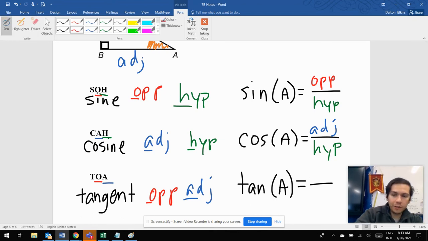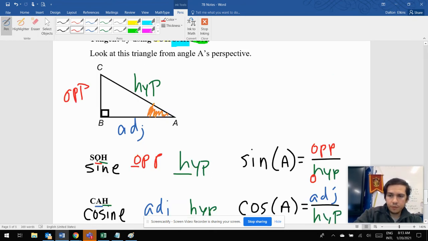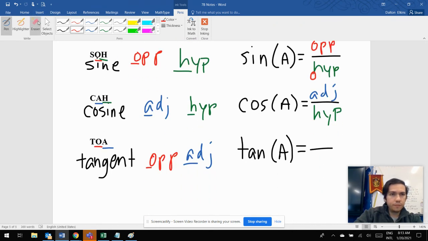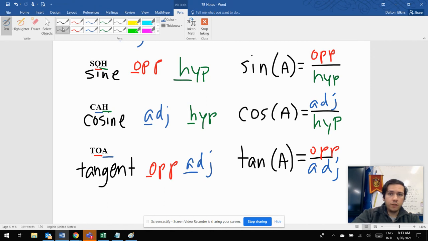I like color coding everything. Over the adjacent.